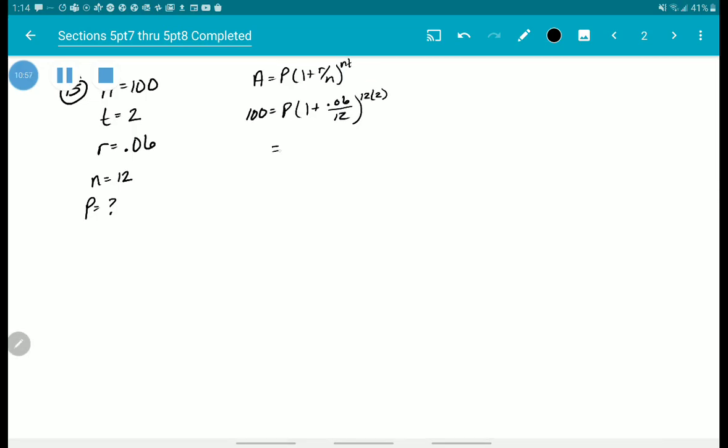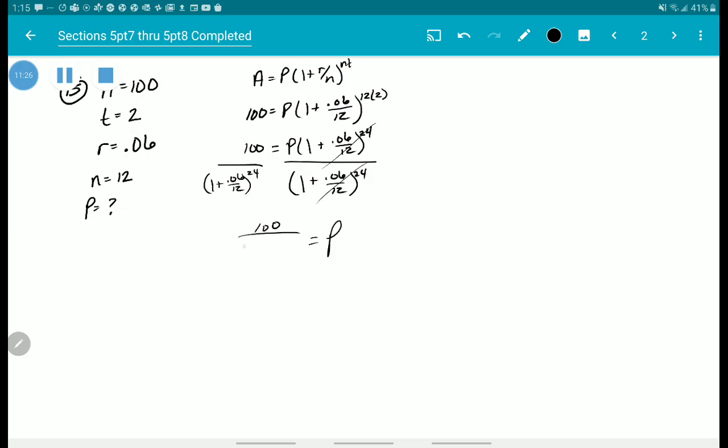I'm going to simplify that exponent. That's going to be a 24. And now remember, this guy's just a number. So we're going to divide by that number. So that's going to allow us to get P by itself.